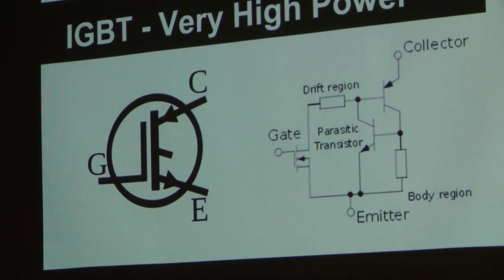And here's the symbol. It's kind of funny that when you look at the equivalent circuit, you can see it has what looks a little like a Darlington transistor pair inside, along with a MOSFET on the front end, and the symbol looks like a combination of the MOSFET and the BJT symbol. They have gate drive requirements similar to a MOSFET.